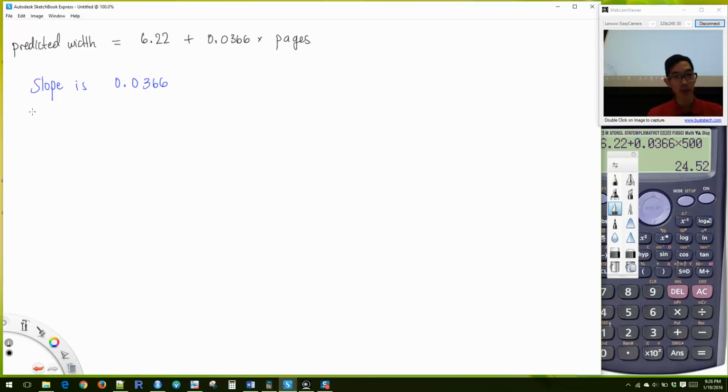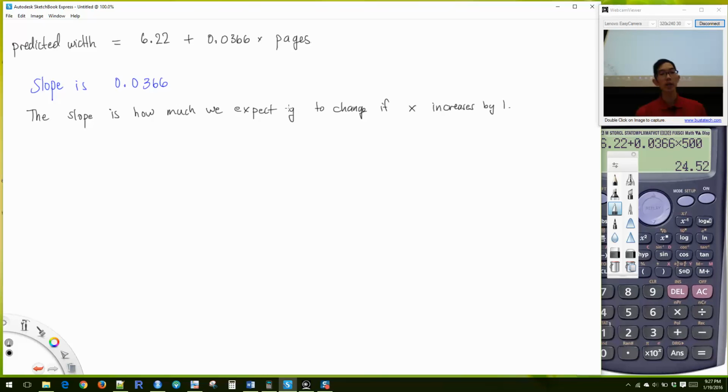The slope is how much we expect y to change if x increases by 1.